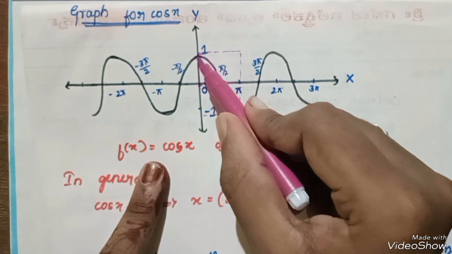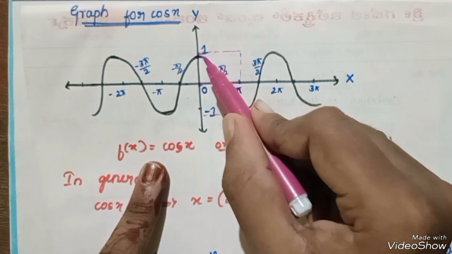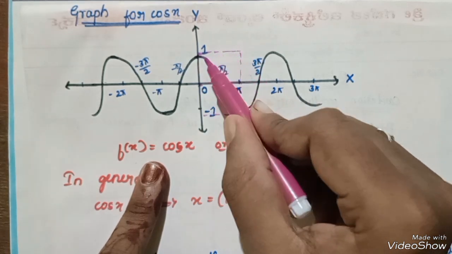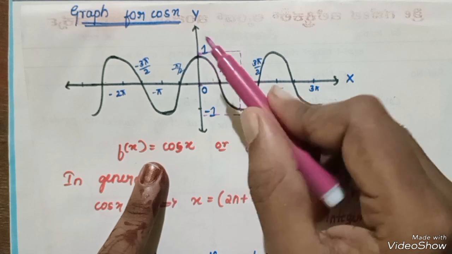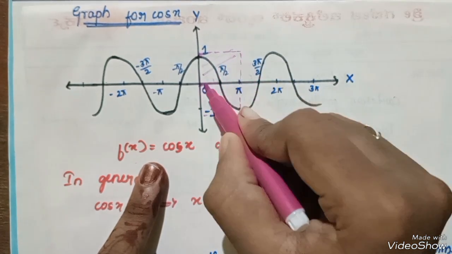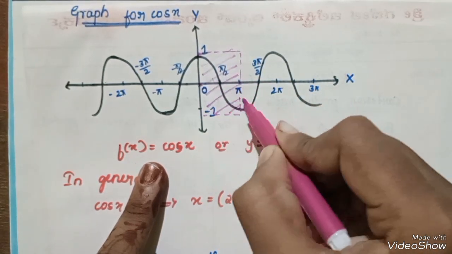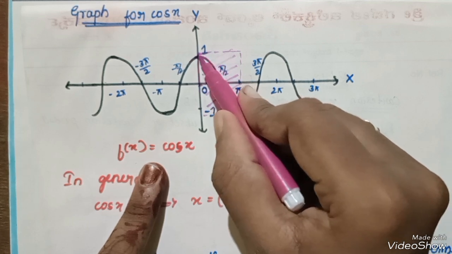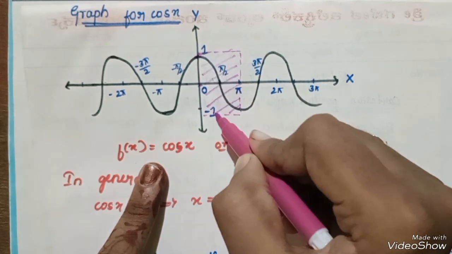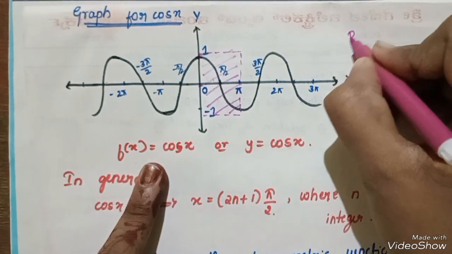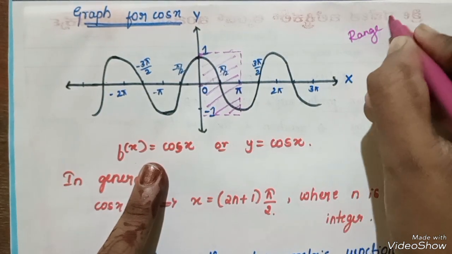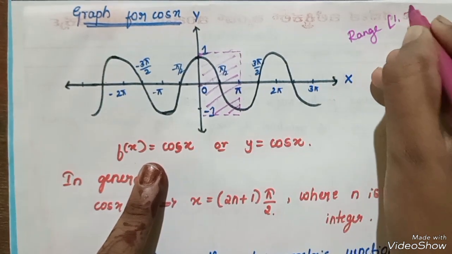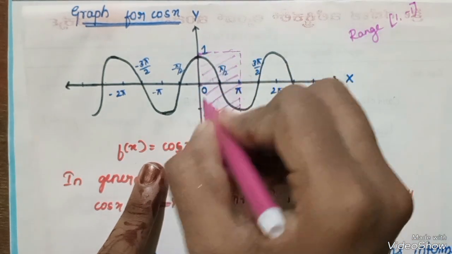The values are always taken as positive, because in this particular range we get the principal values. In this area the values vary, and all values from 1 to -1 are unique. Then the range must be 1 to -1.